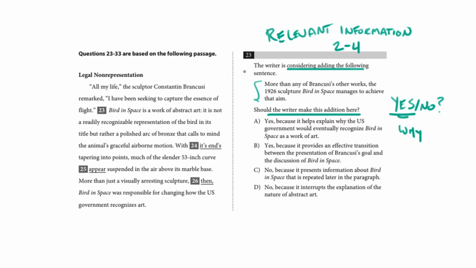So let's take a look at the immediate context for the question. "All my life," the sculptor Constantin Brancusi remarked, "I have been seeking to capture the essence of flight." And the sentence, whatever it is, would go in here. "Bird in Space is a work of abstract art. It is not a readily recognizable representation of a bird in its title, but rather a polished arc of bronze that calls to mind the animal's graceful airborne motion."